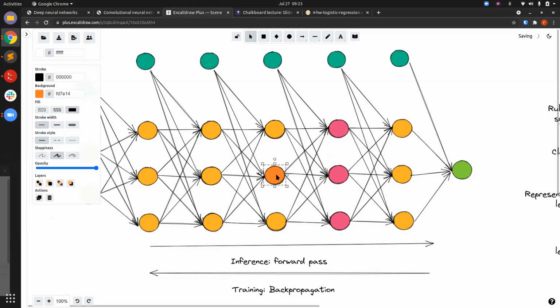So I'll compute a local derivative with respect to my inputs, multiply that by the upstream derivative, and then I'll propagate that back to all of the nodes that are connected to me. These are my downstream nodes.